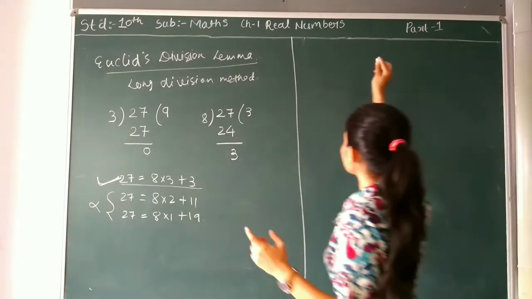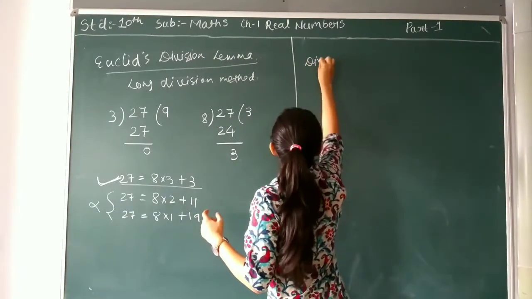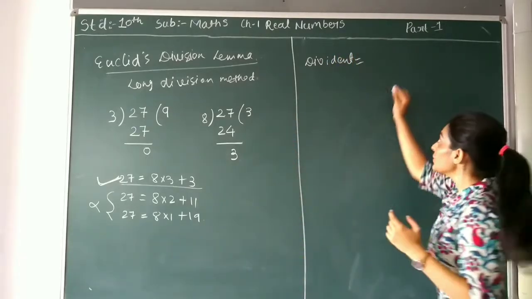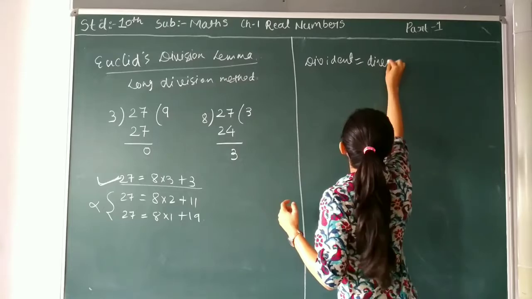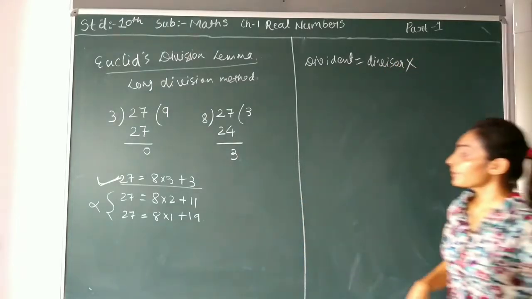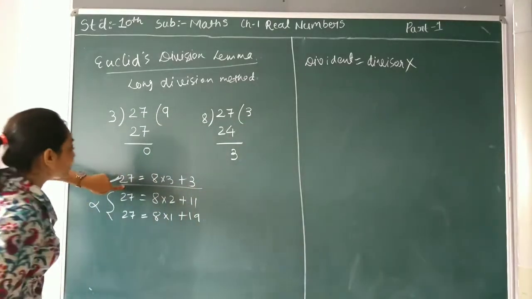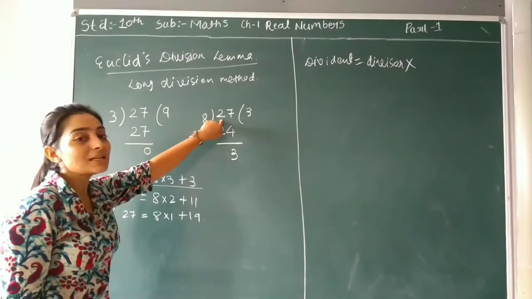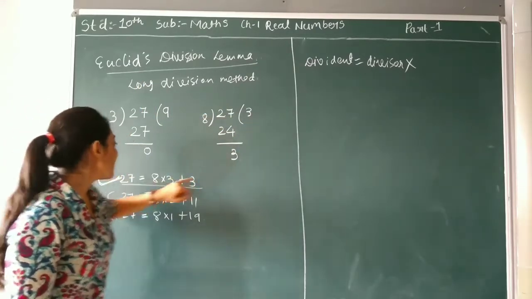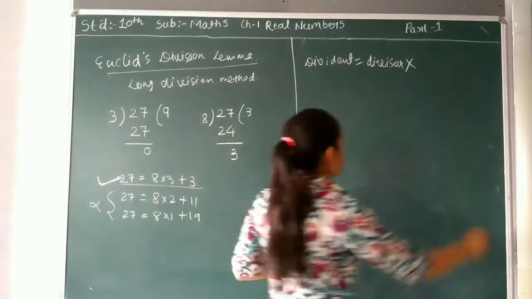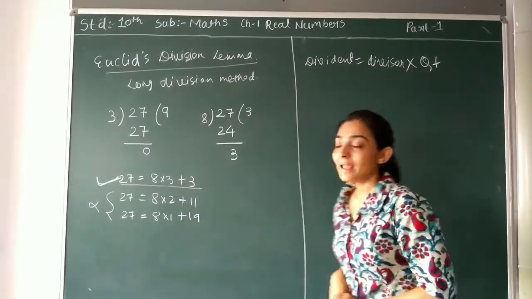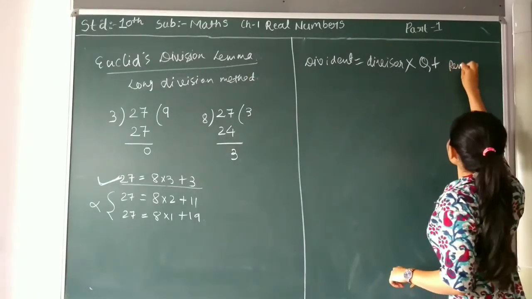That way is: dividend equals divisor times quotient plus remainder. Here 27 is my dividend, and 8 is my divisor, and 3 is my quotient, and R is my remainder.